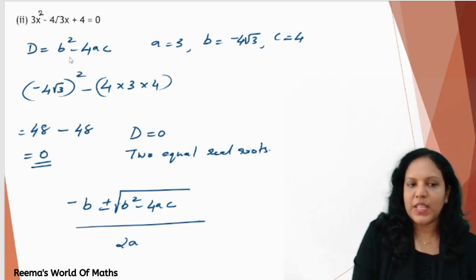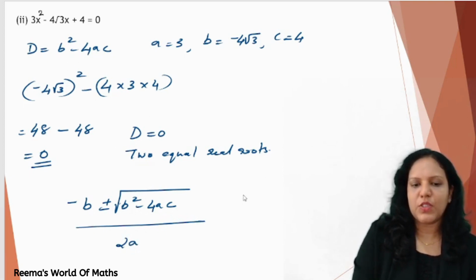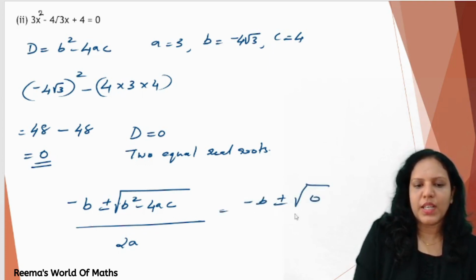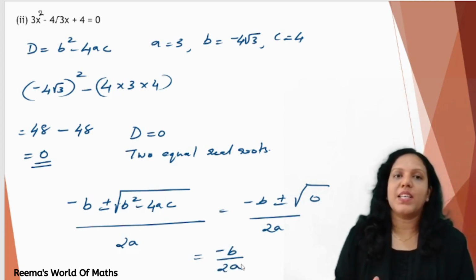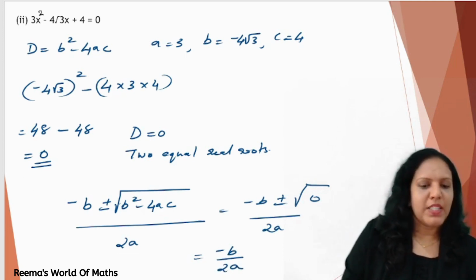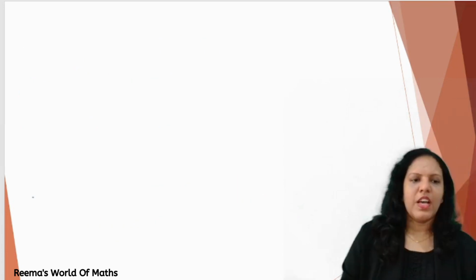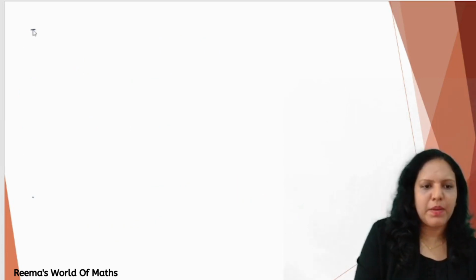So we can write minus b plus or minus square root of 0, divided by 2a. So we need to find the value of minus b by 2a.